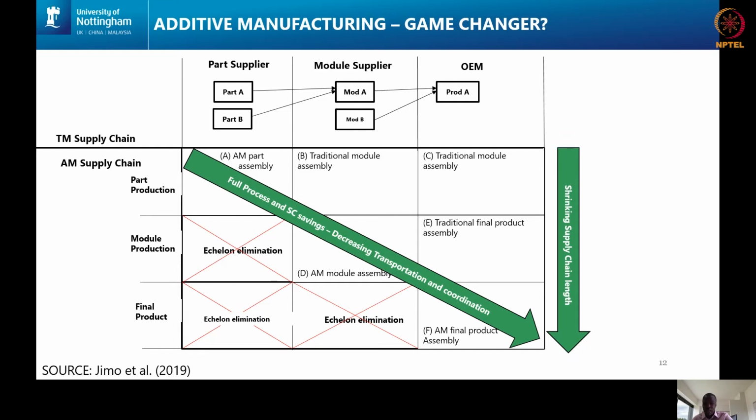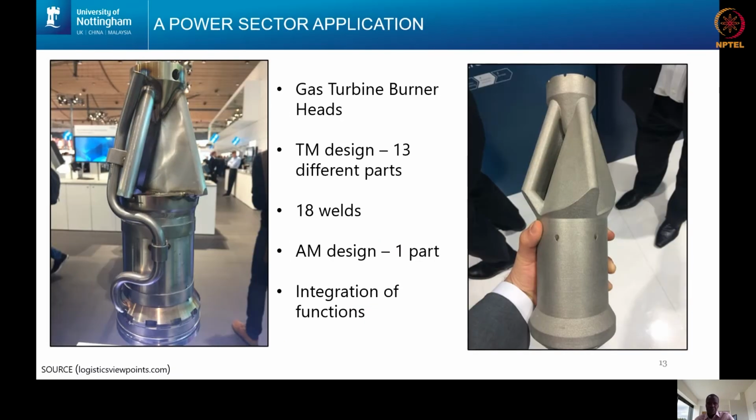And as I said earlier, additive manufacturing is still an emerging technology, and the vast majority of applications that we have seen in industry have been applied at the part and at the module level. So this gives impetus to investigate this phenomenon of the impact on supply chain configurations at the part and the module level, as evidenced by different industrial applications.